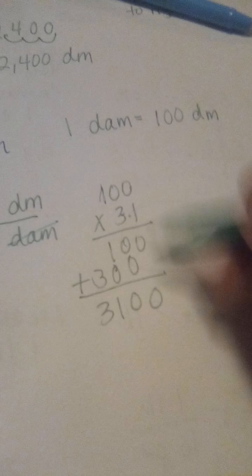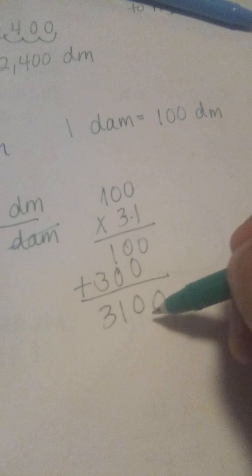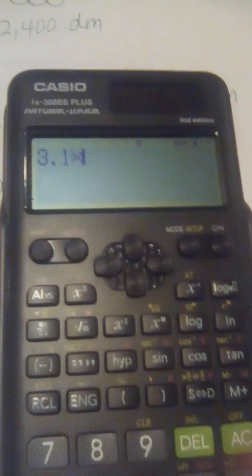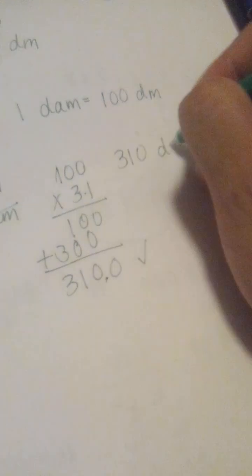Question: where do we place the decimal point? Right here. Let's check. Does it match? Yes, it matched. So we have 310 decimeters.